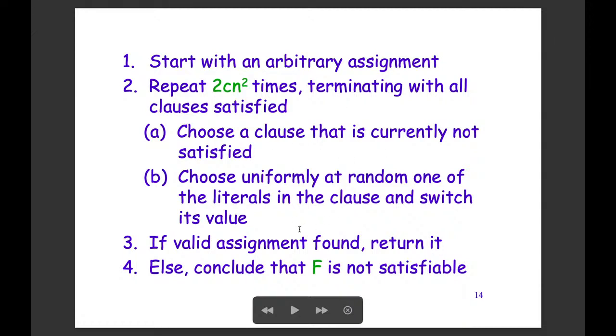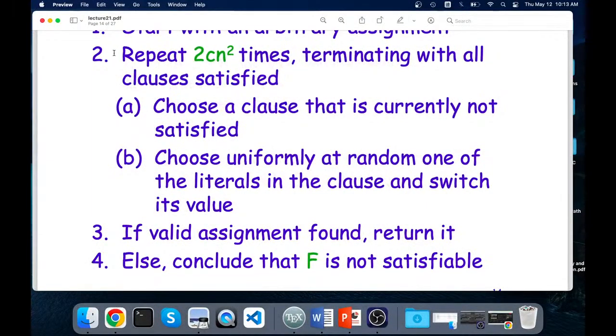If we find it, that's okay, right? If we do not find it, there could be two cases. Either there is no way for this formula to be satisfiable. Good, in that case we will answer this correctly: no way. But on the other hand, there is a very small chance, 1 over 2 to the power c, that it is indeed satisfiable, but we do not find it. Okay, so this is the two-SAT algorithm.